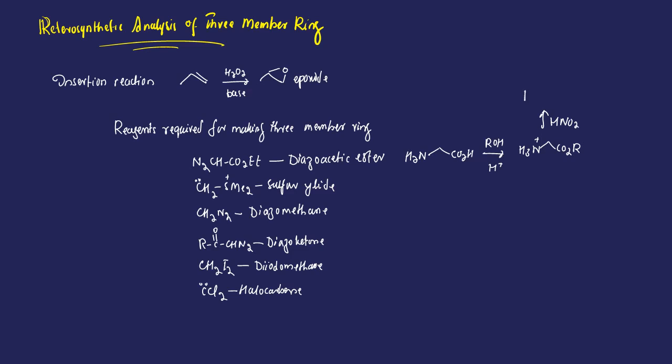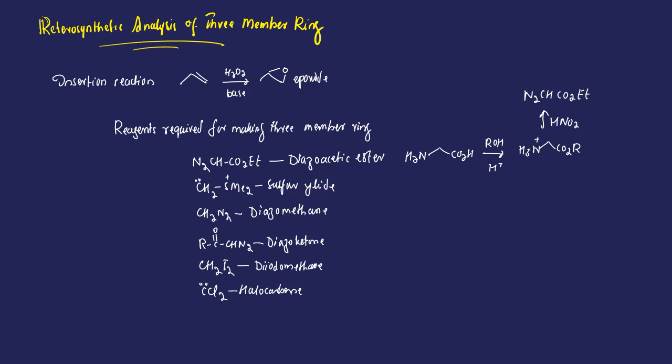So we get N2CH CO2Et if R is taken as an ethyl group. So this is known as diazoacetic ester, which is used as an inserting agent or as a reagent for introducing carbene to make a three-membered ring system.